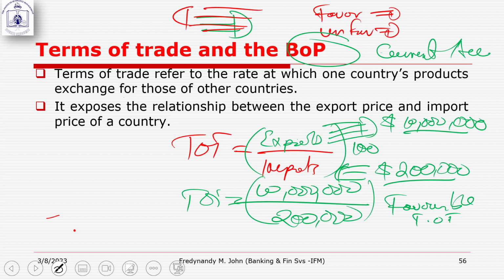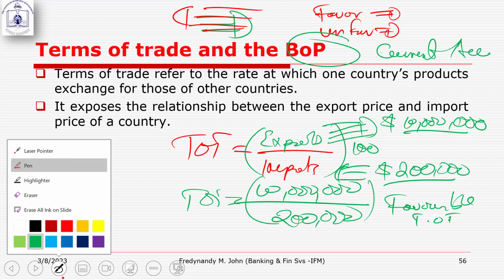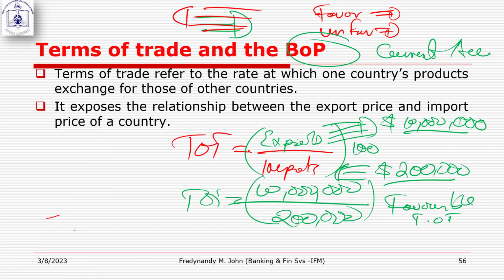What if the volume of imports exceeds that of exports? For instance, what if the volume of import is 40,000, whereas the volume of export is just 10,000?